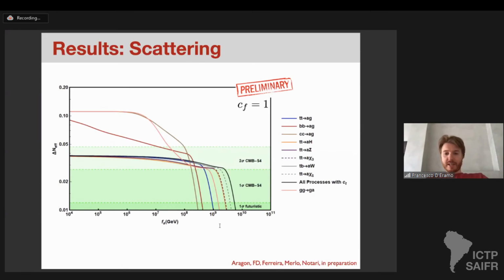So just to show you an example, this is the prediction for delta N effective as a function of f_a. And for example, look at the black line. You see that if f_a is around 10 to the 9, the predicted value of N effective is within the reach of future CMB surveys.